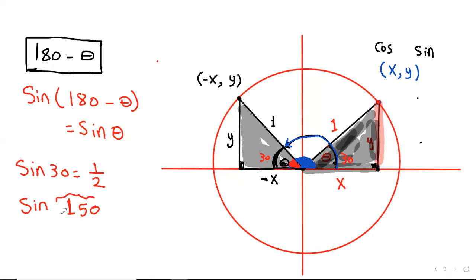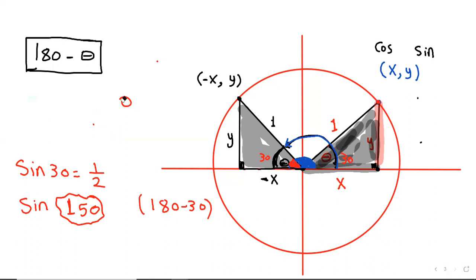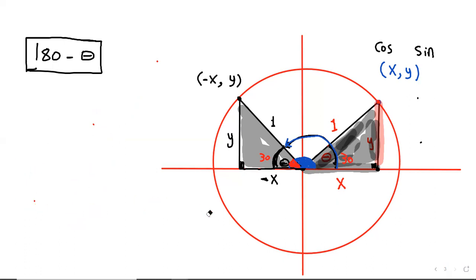We can express 150 as 180 minus 30. So what I want to say is sine 180 minus theta is the same as sine theta.